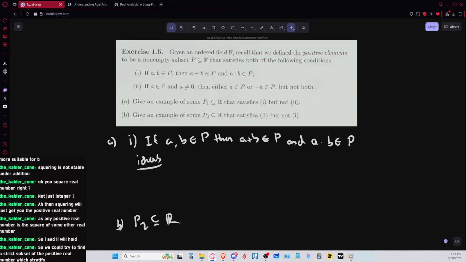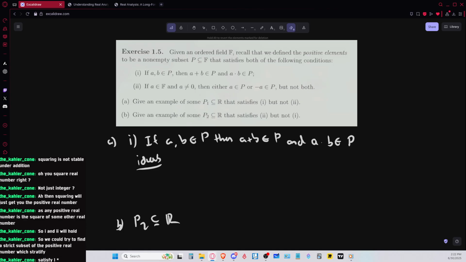So we could find a strict subset of positive real numbers which satisfies 1. Well, I'm guessing that's P1, because P1 is supposed to be a subset of the real numbers.